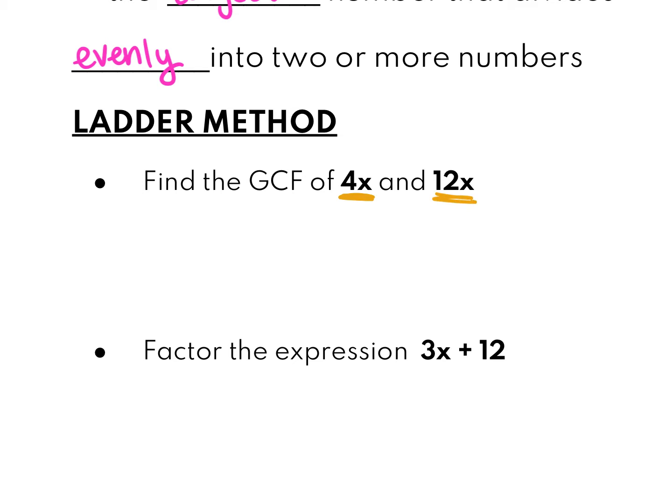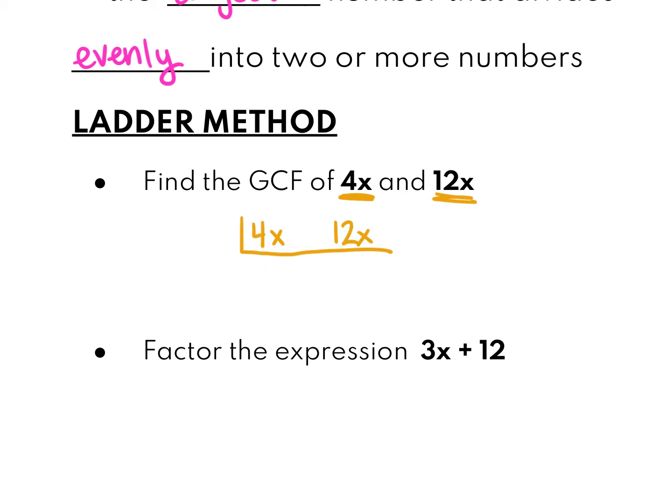So the first thing that I'm going to do is write 4x and 12x right on my paper, as you should do too. And then I'm going to draw what looks like an upside down division bar. And I'm going to say, okay, self, what evenly goes into 4x and 12x? We can start with the coefficients 4 and 12.